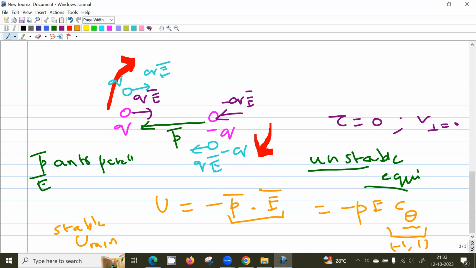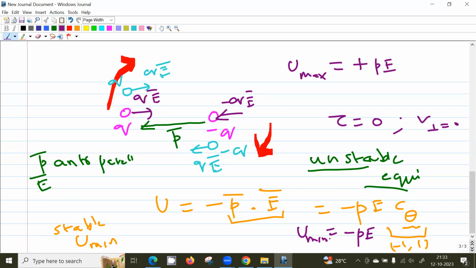So U minimum is minus PE, when cos theta is +1, and U maximum is plus PE. That will happen when cos theta is minus 1.